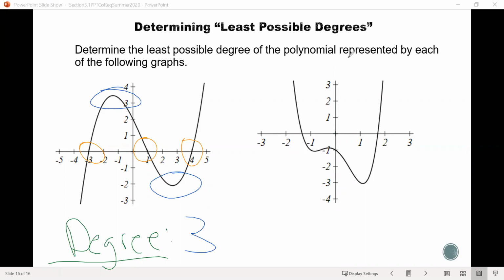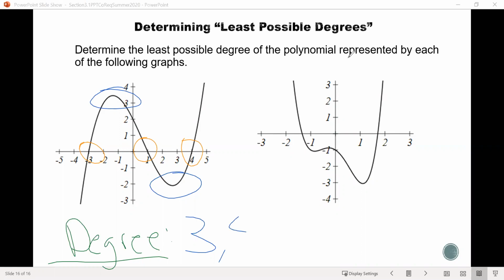We see there are 3 horizontal intercepts, and a polynomial always has at most n horizontal intercepts, where n is the degree. So because we're guessing degree 3, it could have 3 horizontal intercepts. There's also 2 turning points, and the number of turning points has to be at most 1 less than the degree. Since our degree is 3, we can have 2 turning points. But this one could also be higher, right?